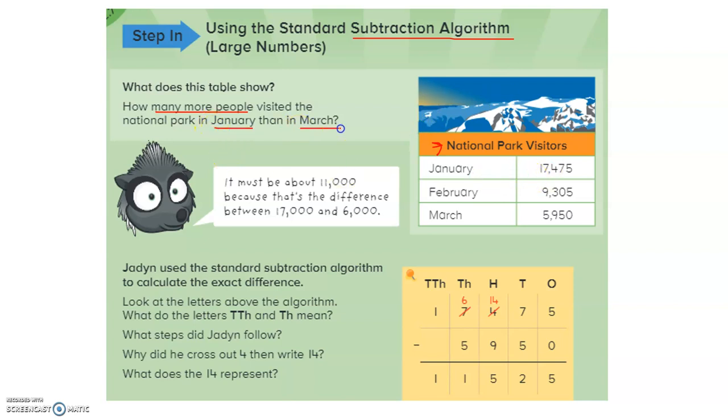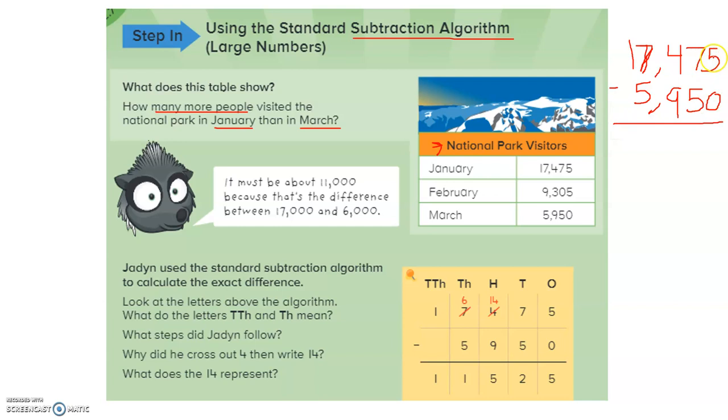So January had 17,475. Sorry guys, this pen doesn't work very well. Minus the one in March, 5,950.